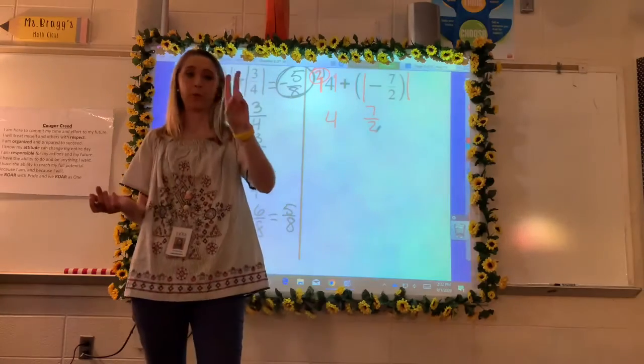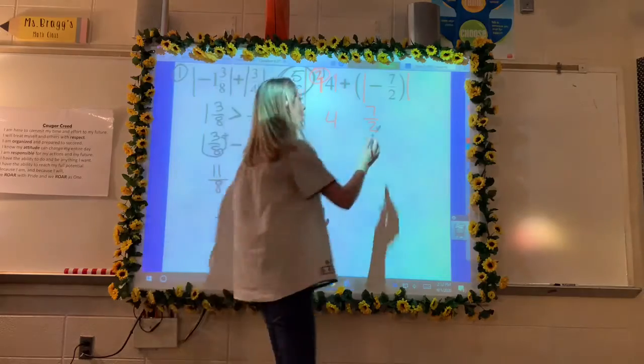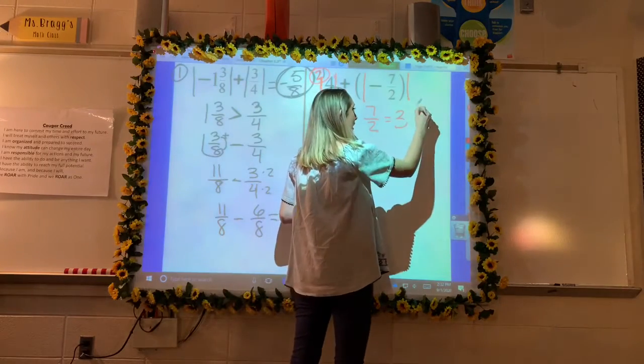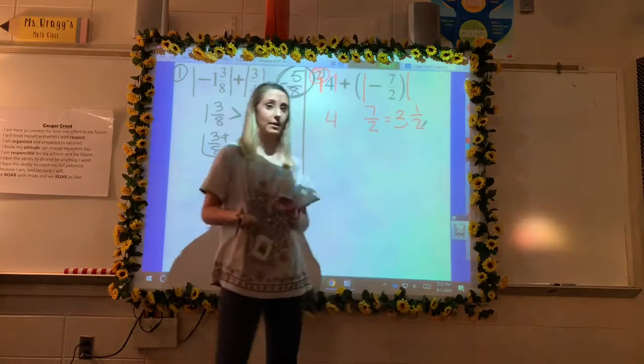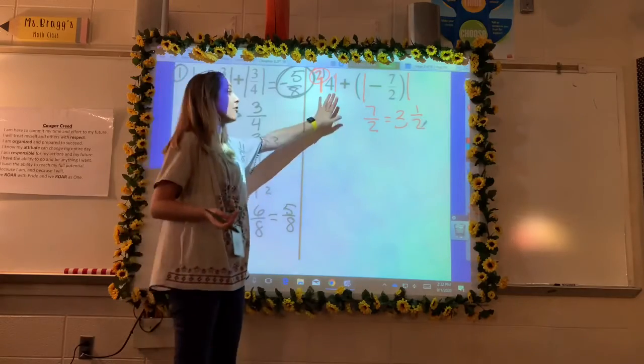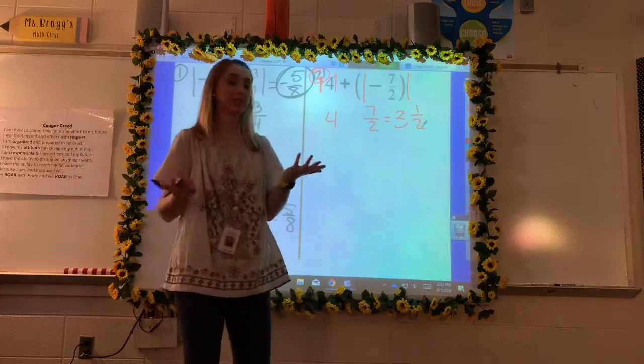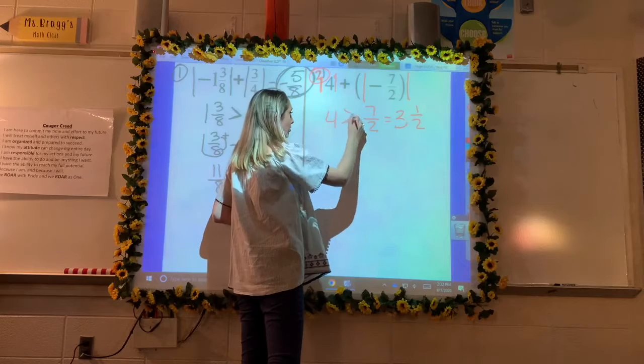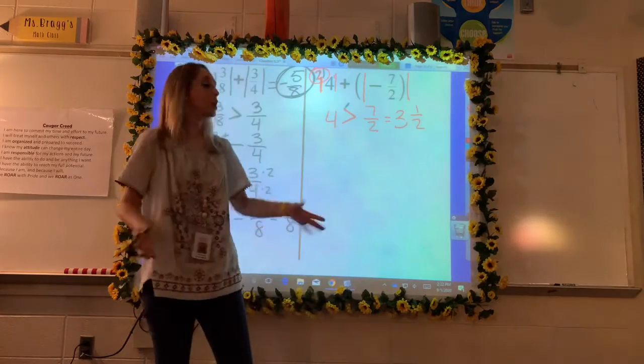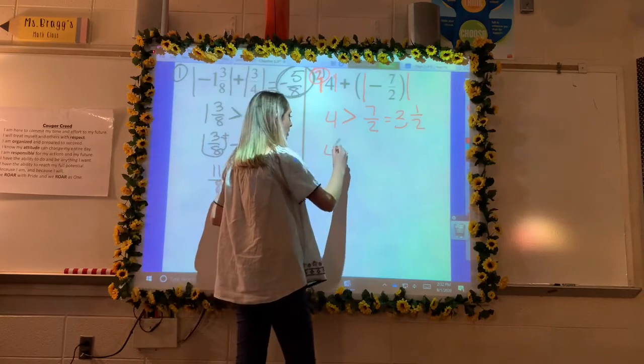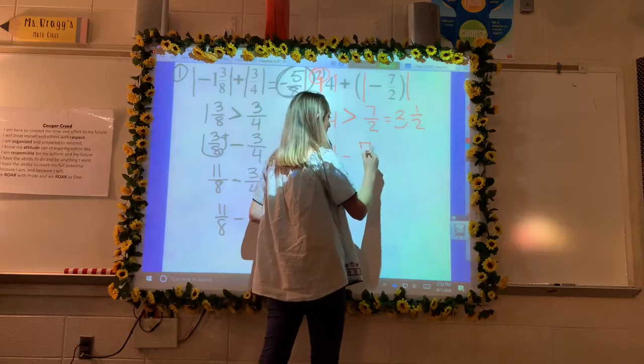So 2, 4, 6. So it can go 3 times and it has 1 remainder, okay? So now, would you rather have $4 or $3.50? We'd rather have $4, right? Because that's more. So we're doing 4 minus the 7/2.